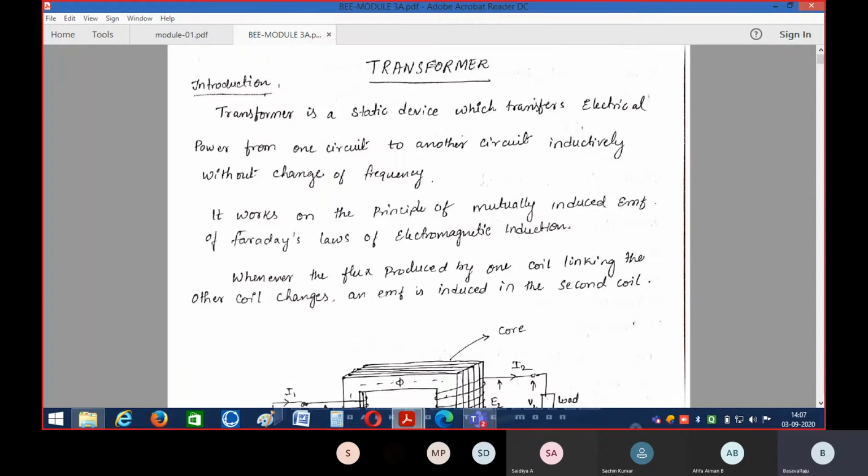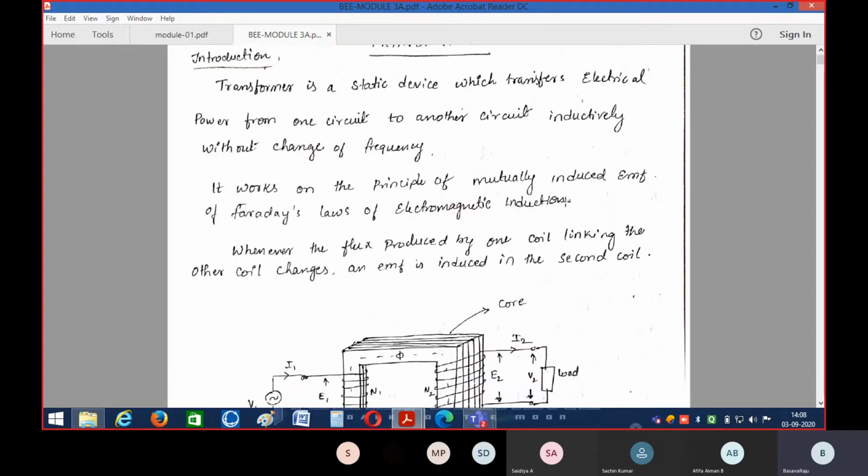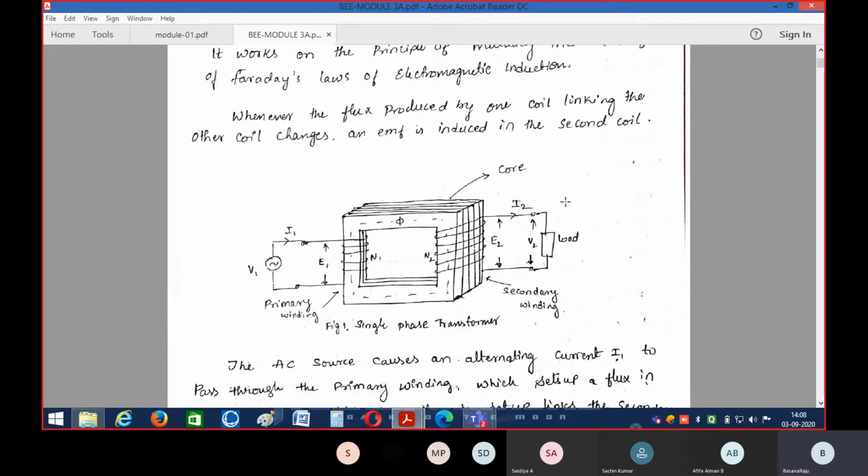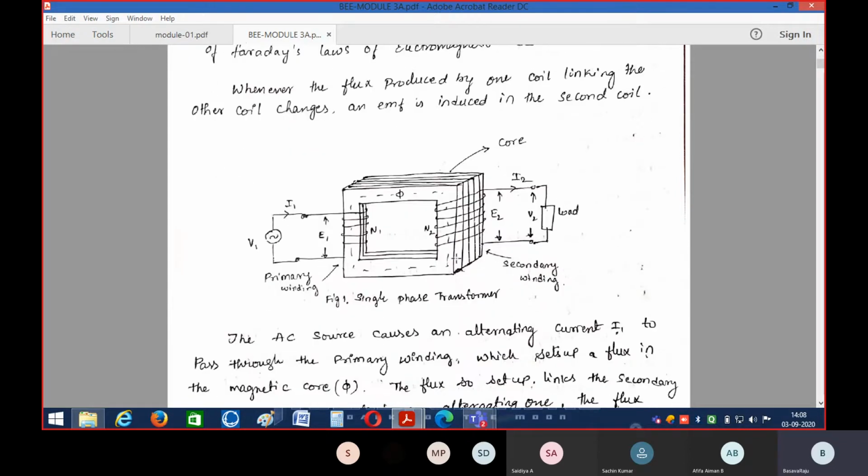Using the transformer, either stepping up or stepping down the level of voltage is possible. During transferring the power from one circuit to another, we can change the level of voltage. This is the schematic diagram which explains the transformer.